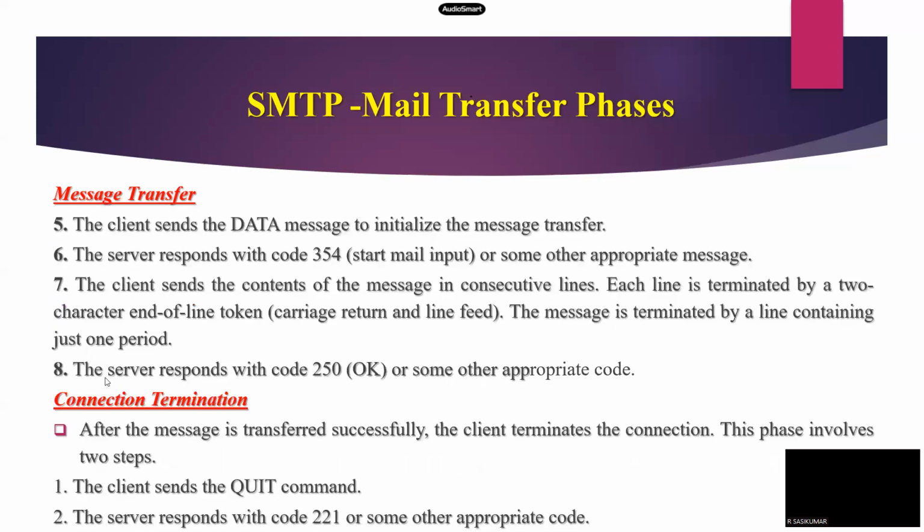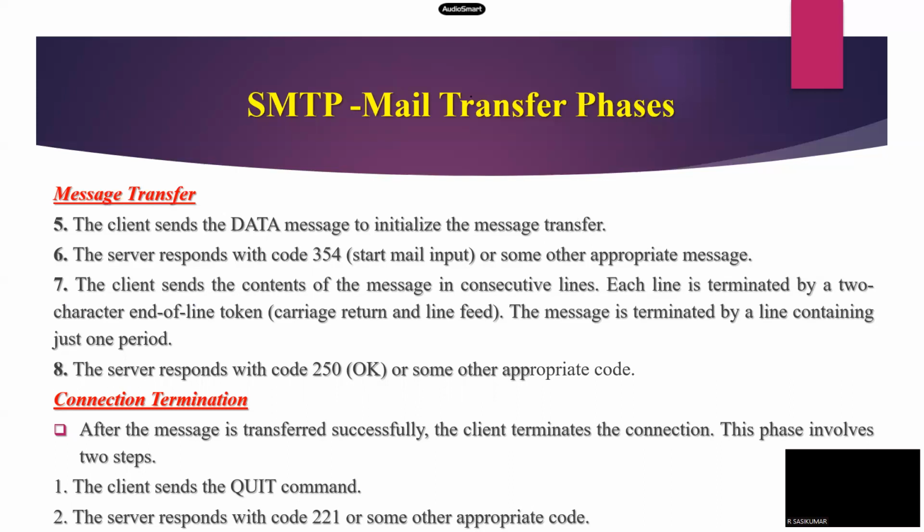And the fifth step, the client sends the data message to initialize the message transfer. After getting this acknowledgement from the server, the client sends the data message to initialize the message transfer. Then based on that data message, the server gives the reply, which is code number 354, start mail input.